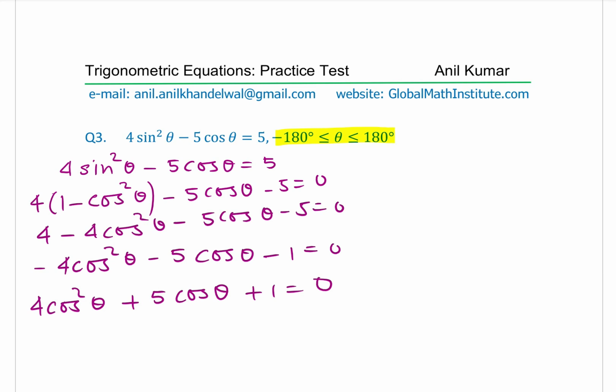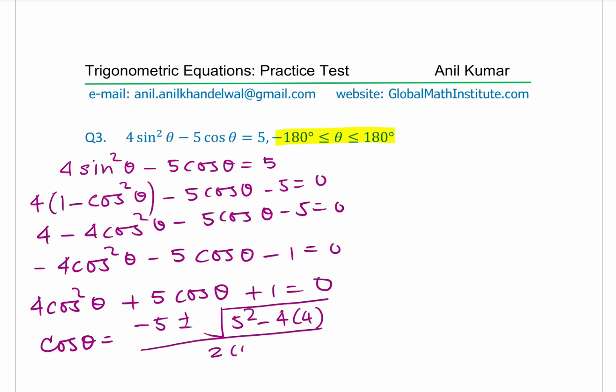So what we need to do here is find what cos theta could be using the quadratic formula. So cos theta equals minus 5 plus minus the square root of b square, which is 5 square, minus 4ac. That means 4 times 4 times 1, divided by 2 times 4. So that becomes the quadratic formula, and let's find what this value is.